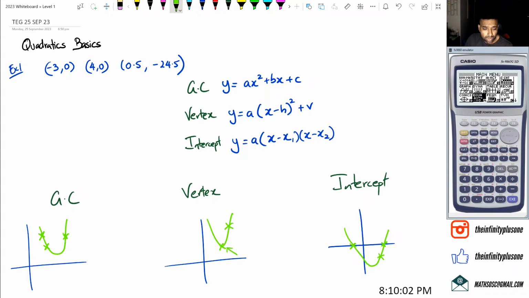Okay, so what I'm going to do is show you guys how to use the graphics calculator first, and then from there we'll go through all of those 3 formats to show you how they're all connected to each other. Now, remember, today is just about covering the basics.